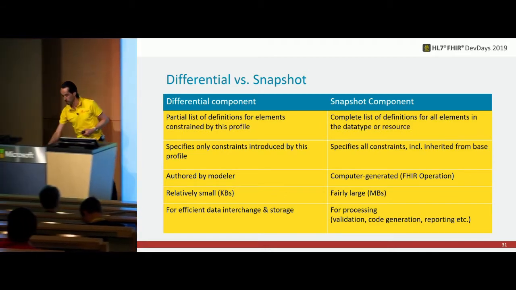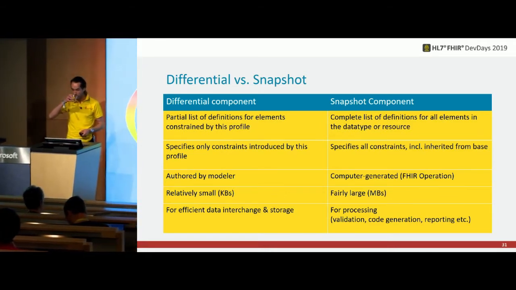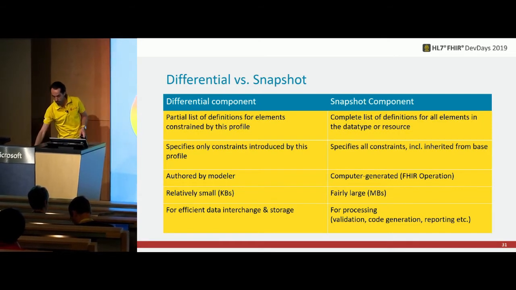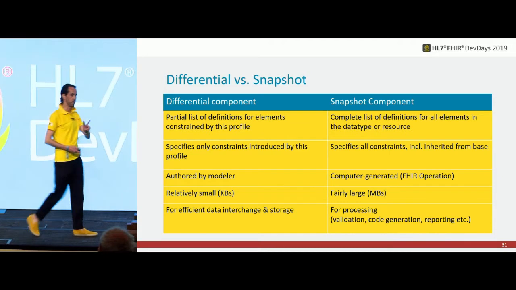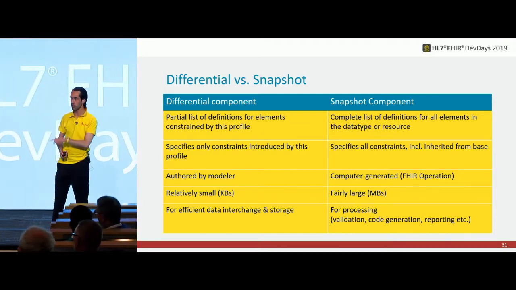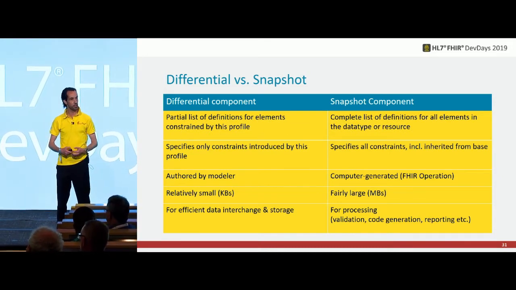So a little bit of a technical sheet. If you go into the structure definition, I mentioned it has a list of element definitions. Well, actually it has two lists of element definitions. One is called the differential, and the other one is called the snapshot. The snapshot, that's the fully expanded list of elements that describes everything.